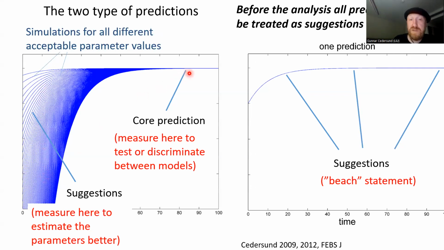And if you want to test the model or distinguish between models, then you should measure where they are well determined. And that's why it's so important to have this uncertainty. Here you have no idea. And since you have no idea, if you get a different value, you don't know if that means that you should reject the model or simply that you happen to pick the wrong parameter. So you need to have predictions with uncertainty. You need to distinguish between core predictions and suggestions.